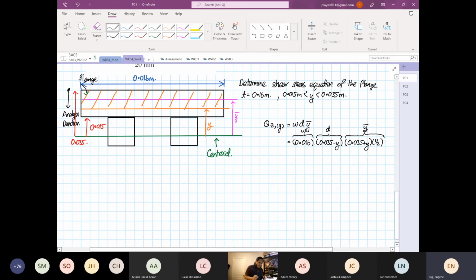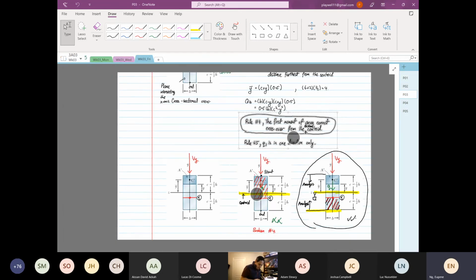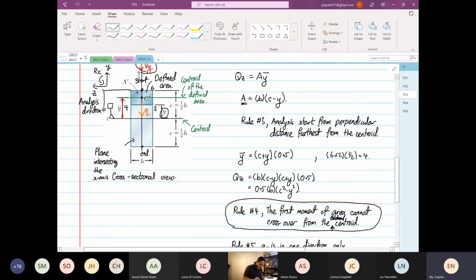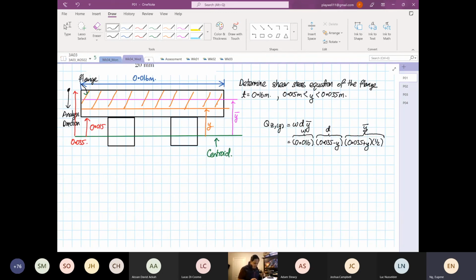We have done this before, probably in week 3, where we wanted to find y bar. We have C plus y multiplied by half, where C is the maximum distance away from the centroid of the area of interest. Once you get that down, it is so much easier.